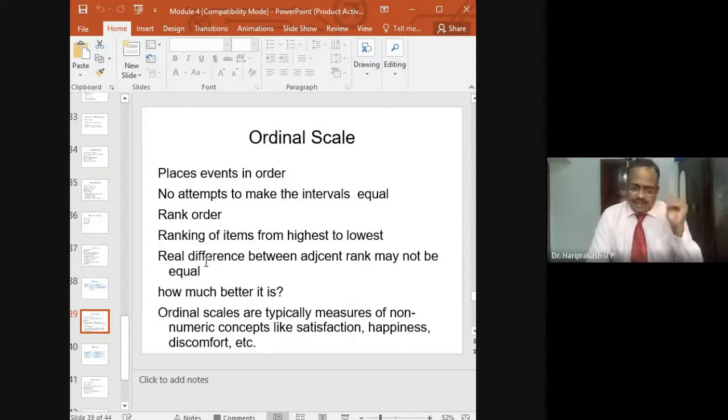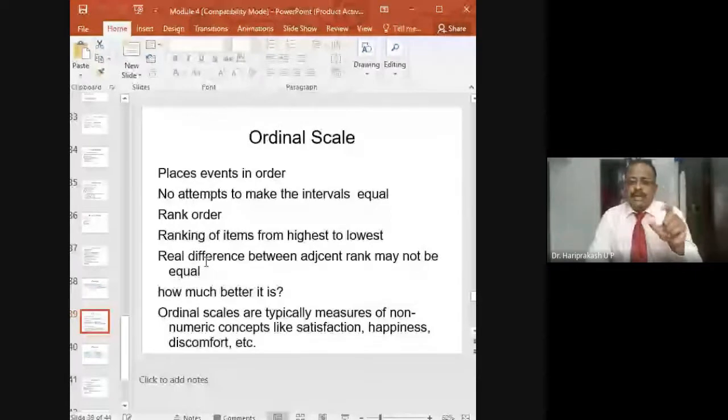For the person who scored second and third rank, the difference may be 10 marks or 20 marks or even 1 mark, anything. But it is ranks 1, 2, and 3 like that. So you cannot make the intervals equal. They may be unequal.